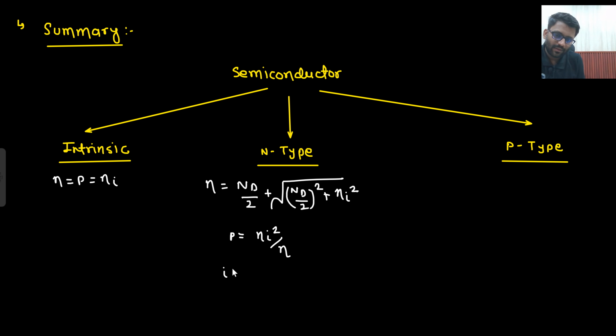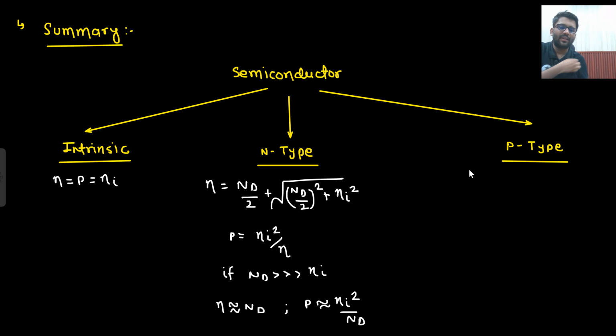And if Nd is much greater than Ni, then n is approximately equal to Nd, and p is approximately equal to Ni square by Nd.